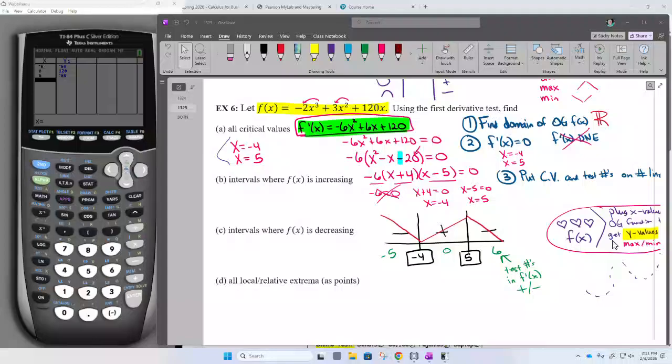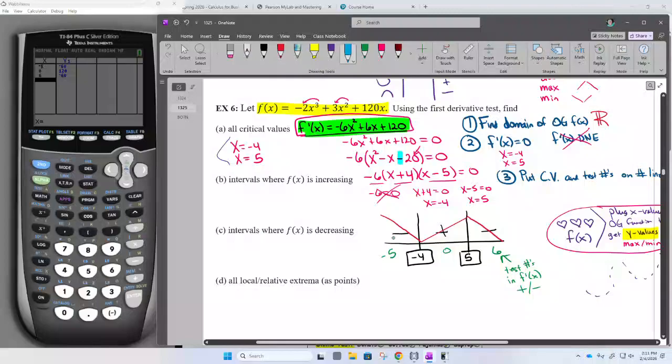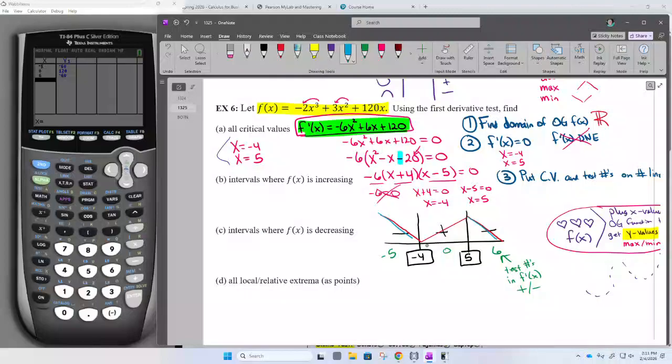So once we have these drawn, then you can more easily see that this function is decreasing in 2 places, and it's increasing in 1 place. So it's increasing from -4 to 5. So that's an interval. It's decreasing from -infinity to -4 and from 5 to infinity.